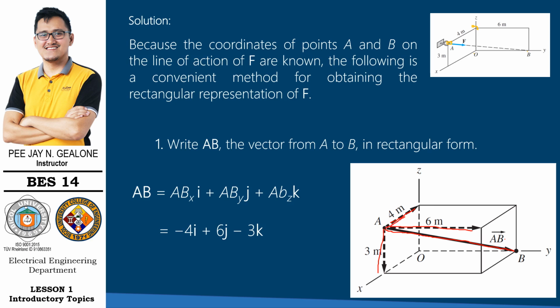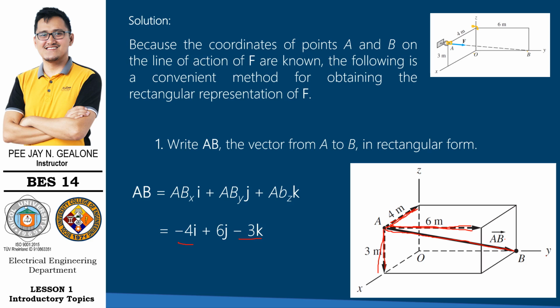Kasi itong 4 papunta siya doon sa likod. So ibig sabihin, negative ang x natin. So negative 4. And then si y, which is 6 meters papunta sa positive direction ni y. So positive 6 siya. Si z naman is negative 3. Bakit? Kasi pababa siya. So negative of z. So ibig sabihin, si AB can be expressed as negative 4i plus 6j minus 3k.